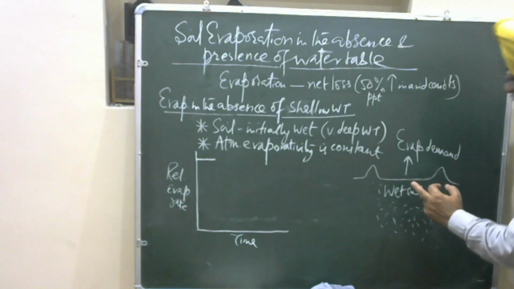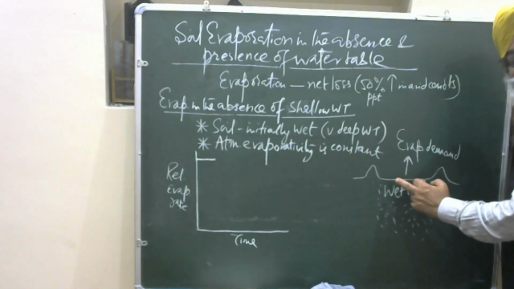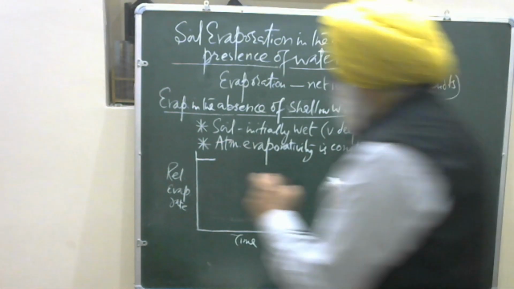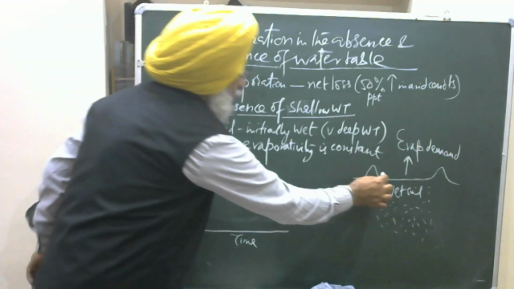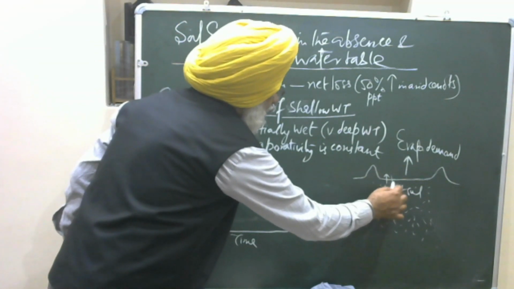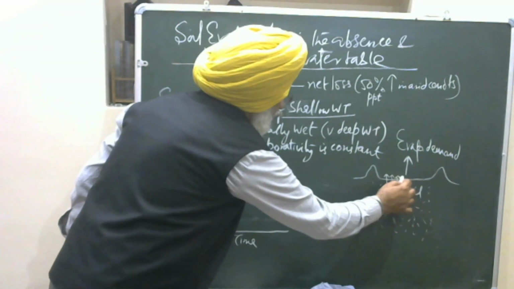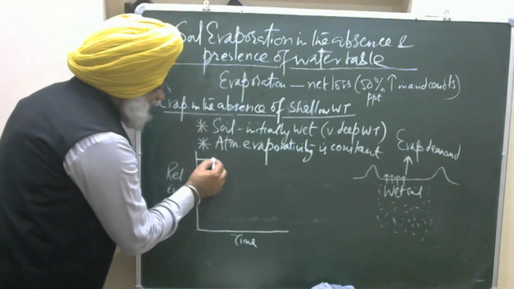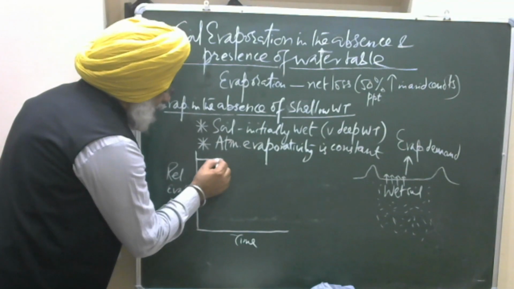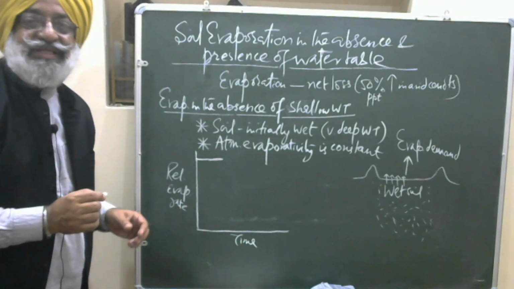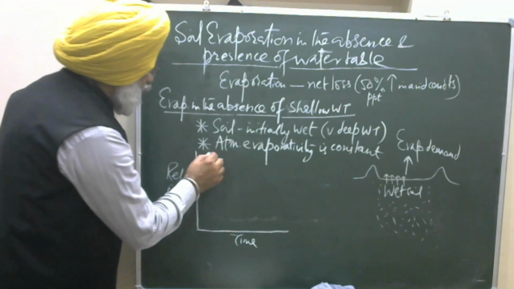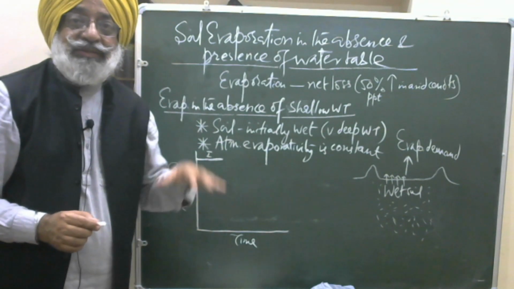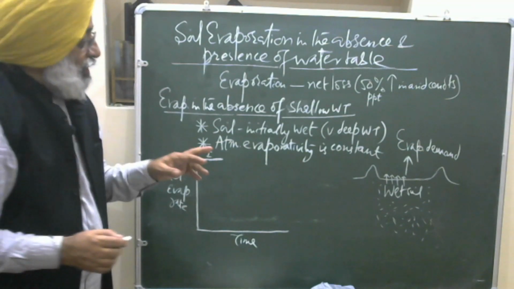Now see over here, this is wet soil and evaporation takes place from here. So the surface soil dries up. Once the surface soil dries up, still this stage continues. That means constant rate stage, or stage 1, continues. This is your stage 1. And this stage 1 will continue.